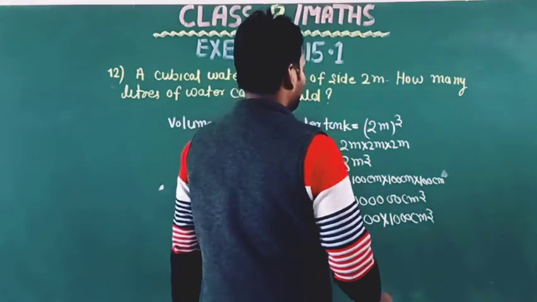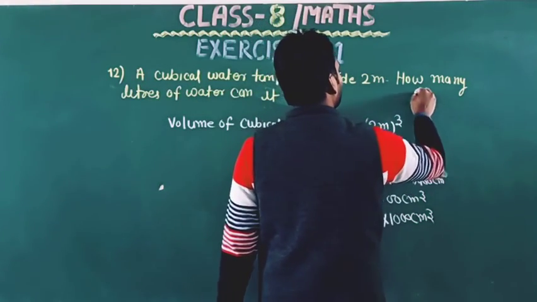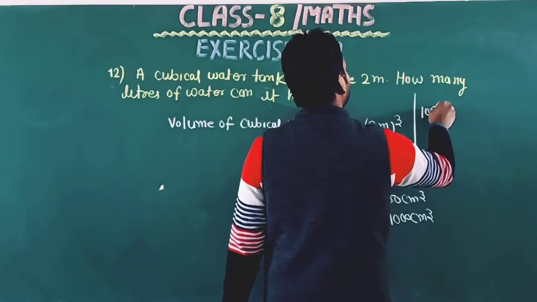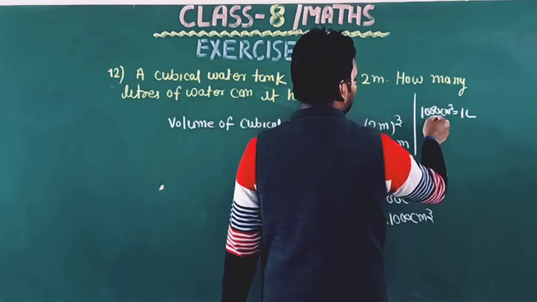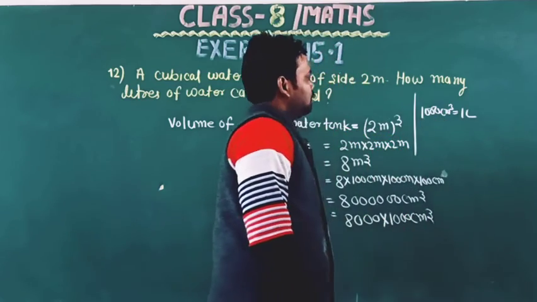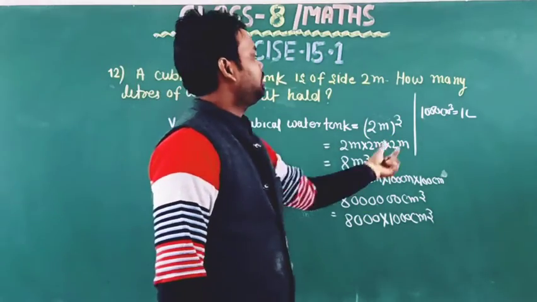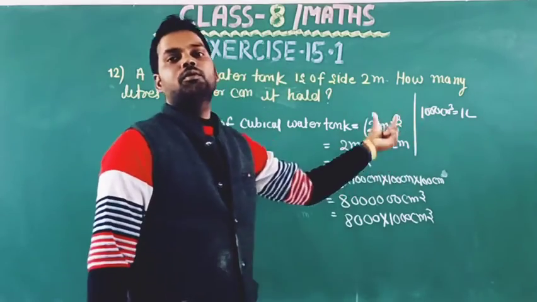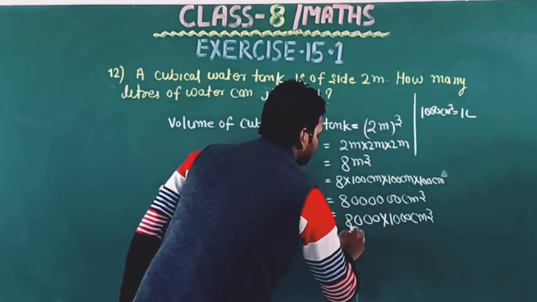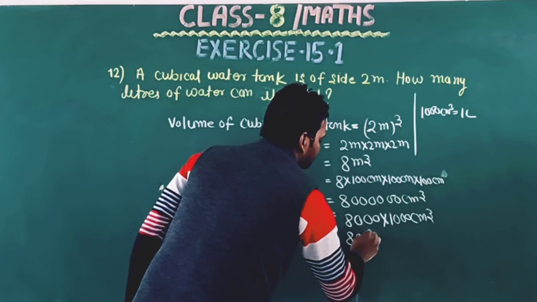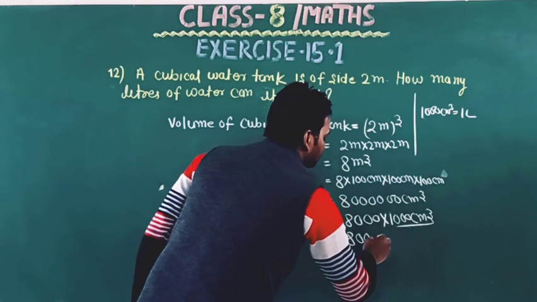As we know, 1000 centimeter cube volume has 1 liter.